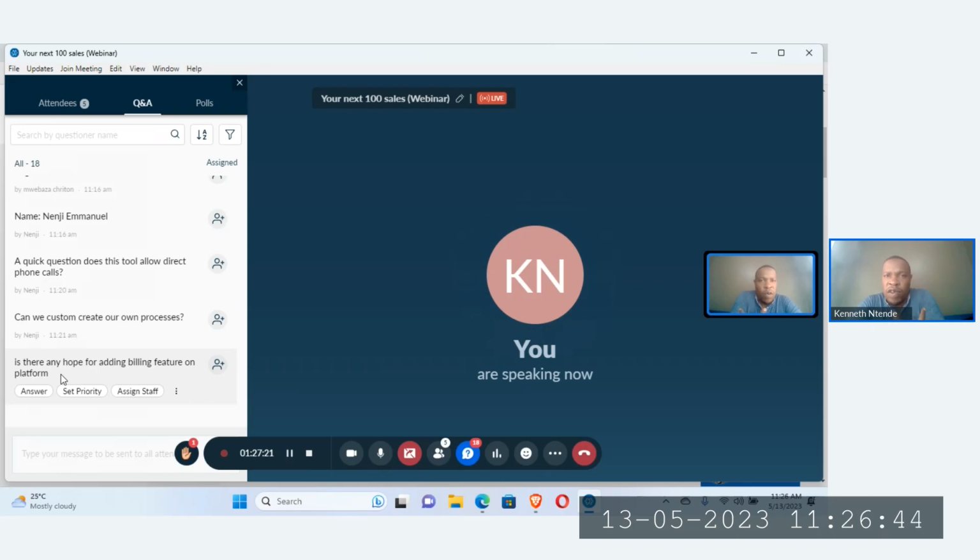That is what we're building at our core. But yes, the billing feature is coming alongside invoicing and quotations. That is set for after next month. That's when we want to have that integrated.